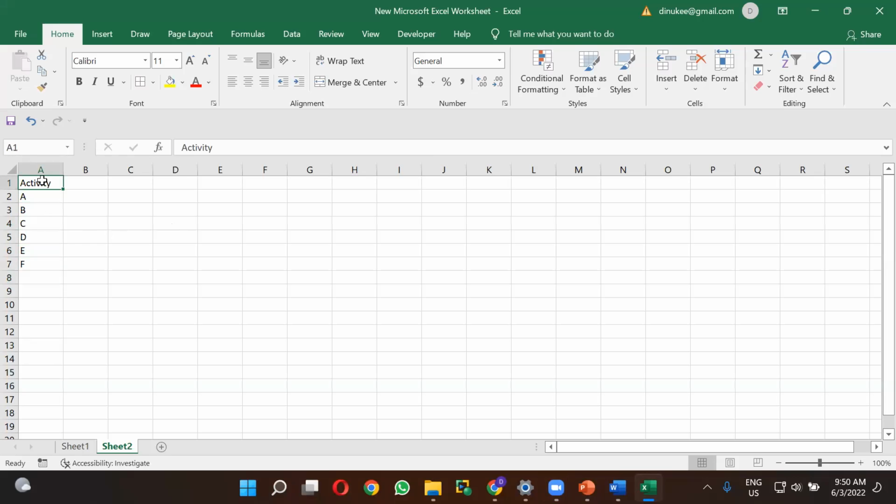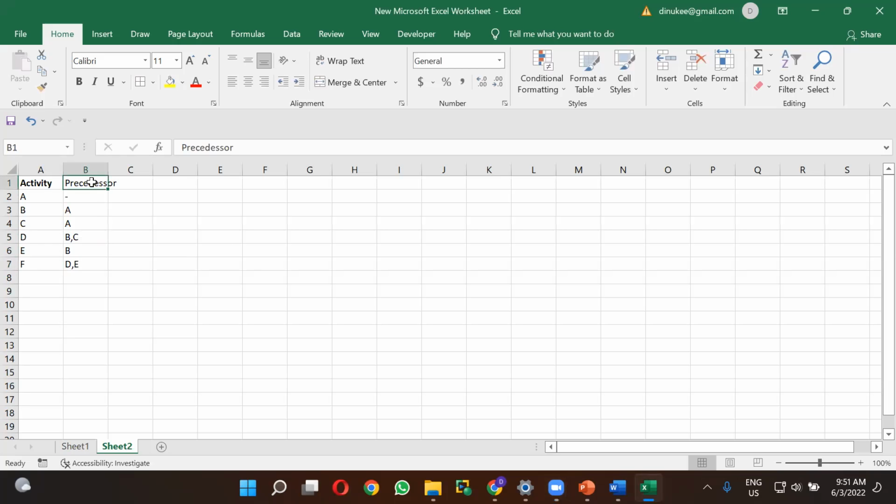So the activities are given by me, and the procedures also I will give. Procedures for this: A, B and C, and B and D and E. You can see the screen, right?